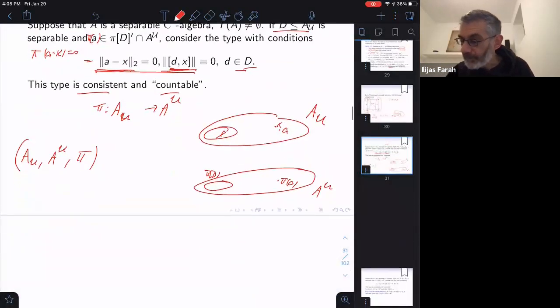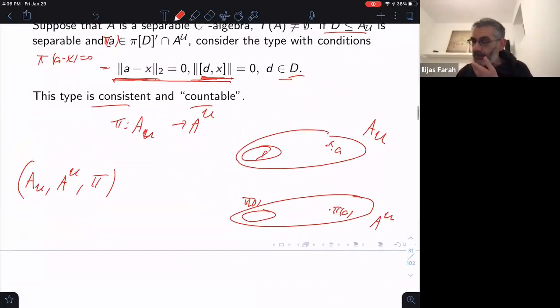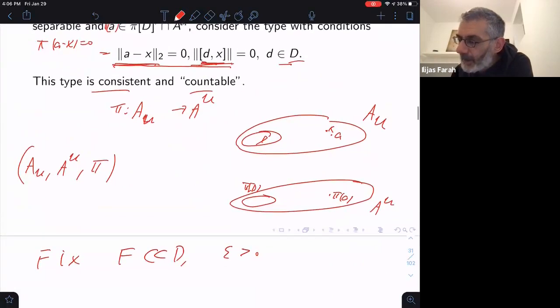Okay. So why is this type consistent? Well, fix some finite subset F of D, and fix some epsilon greater than 0. Now, we have this ideal J_U, this tracial kernel ideal.